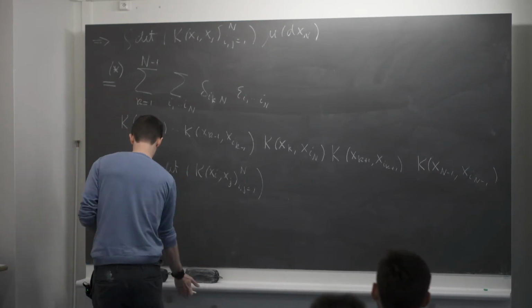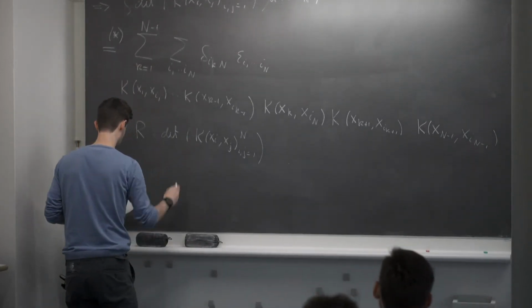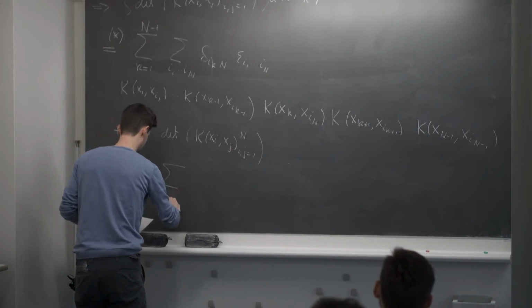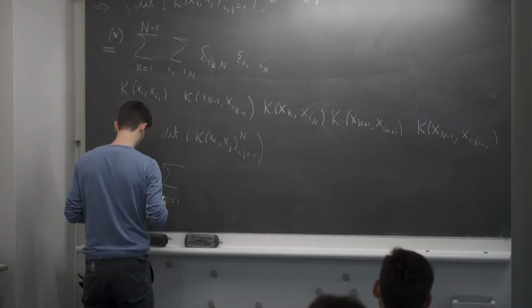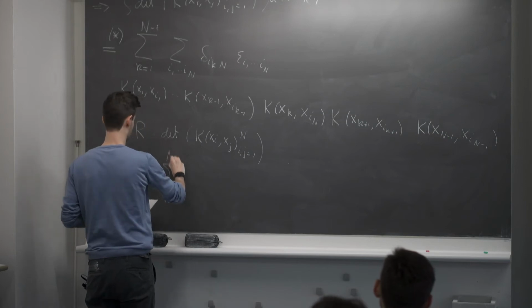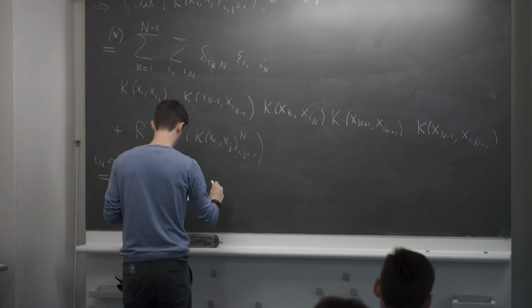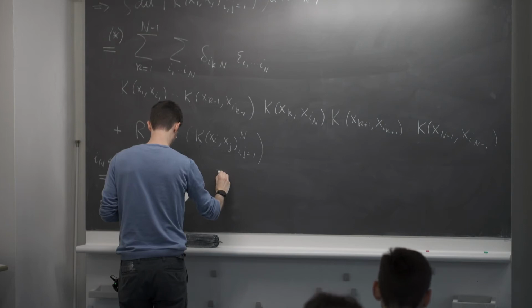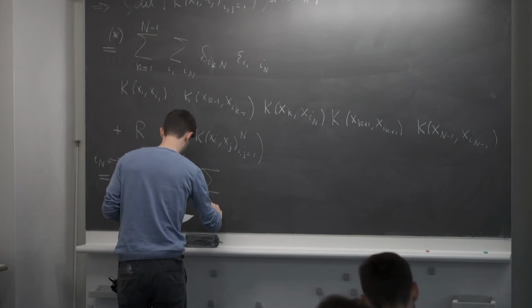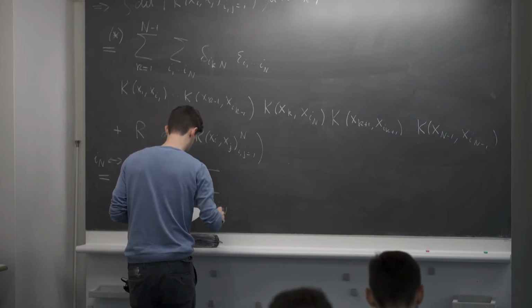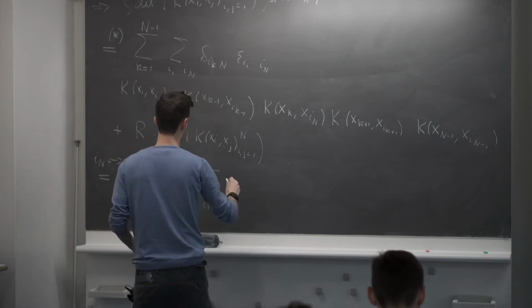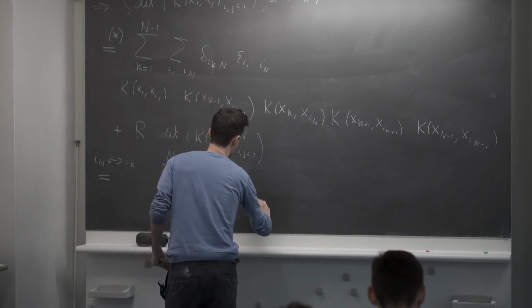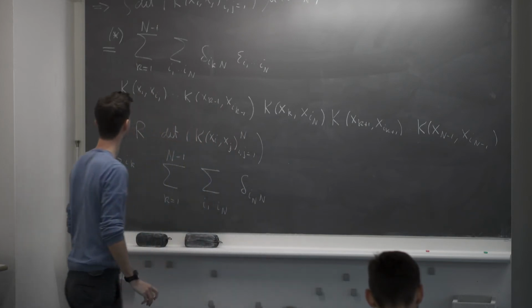Okay, so if I do that, I get the following thing. So k goes from 1 to n minus 1. And then I have the sum I1, in. And then I have delta in n.